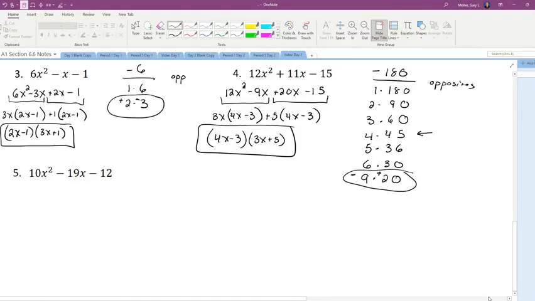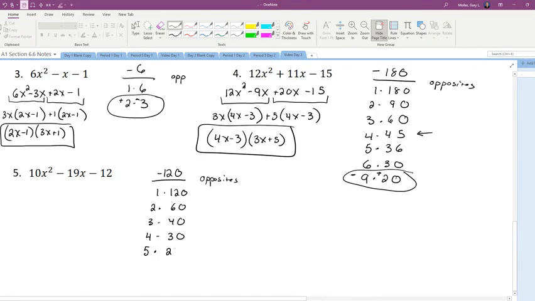And our last problem, 10, 19, and 12. Again, no common factors. So I multiply together, I get 120 negative. Signs are going to be opposites. All right, 1 and 120, 2 and 60, 3 and 40, 4 and 30, 5, and let's see what. 5 goes into 12 two times.